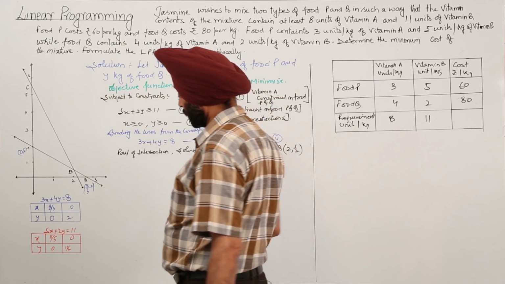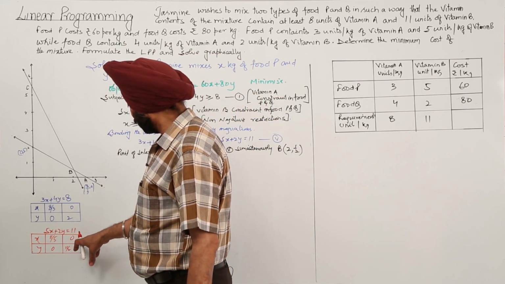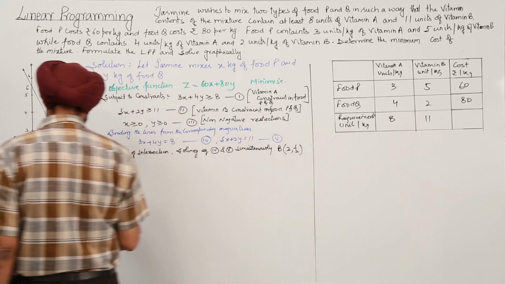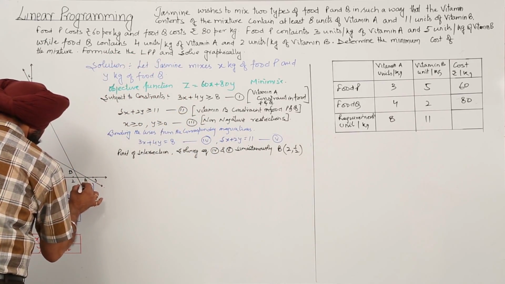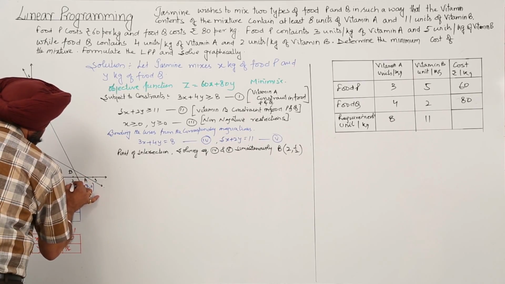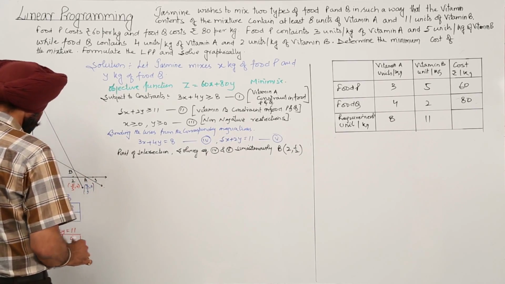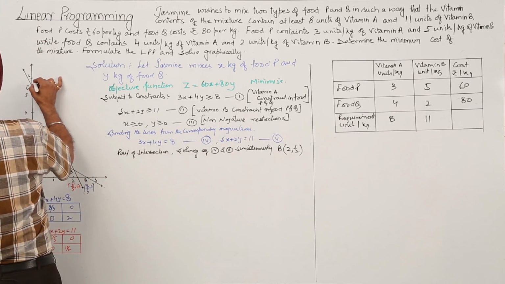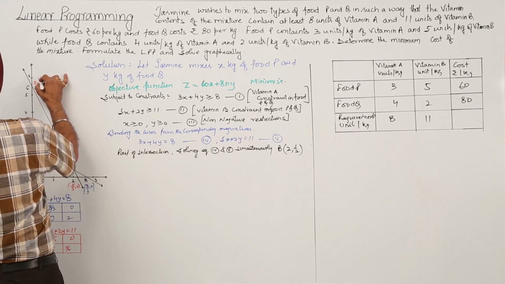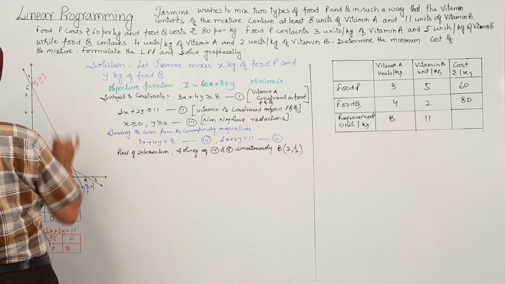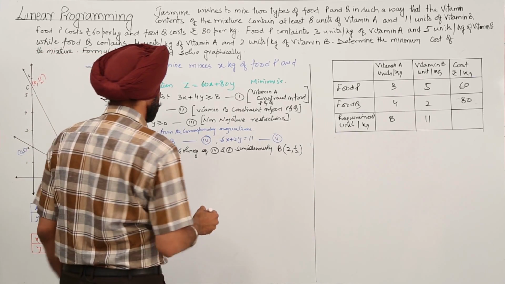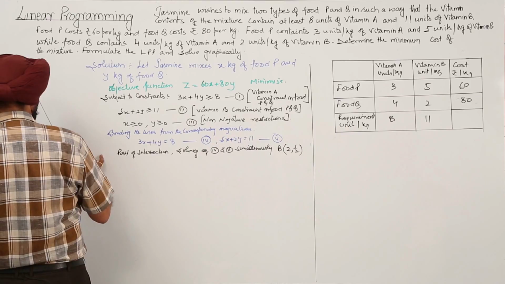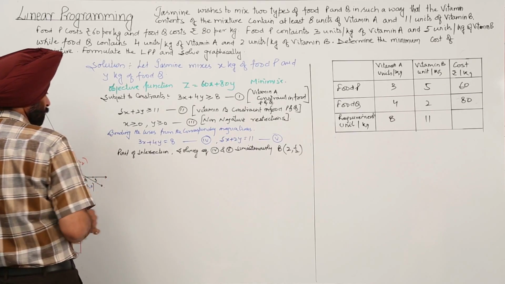So we are having (11/5, 0) and (0, 11/2), and point B (2, 1/2).